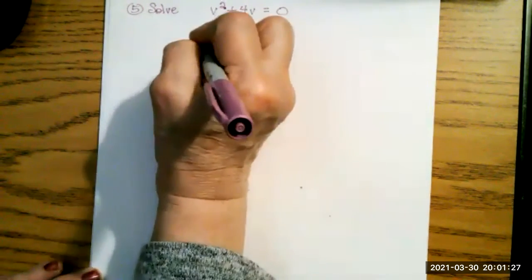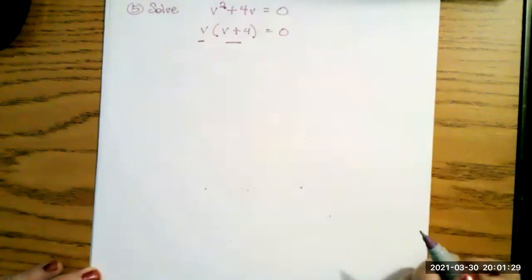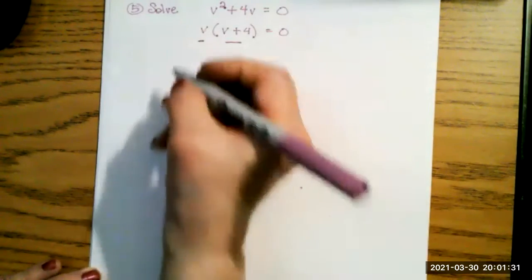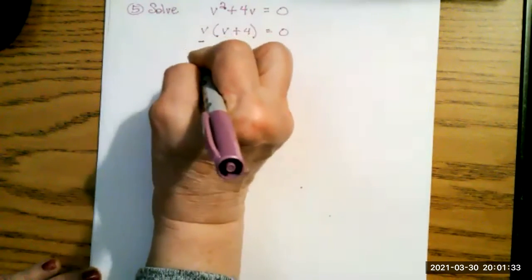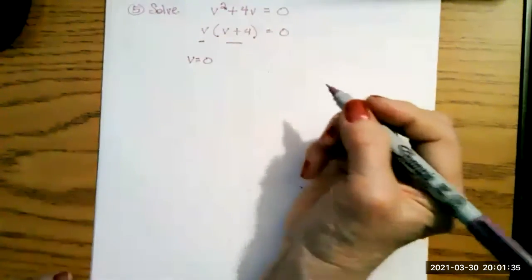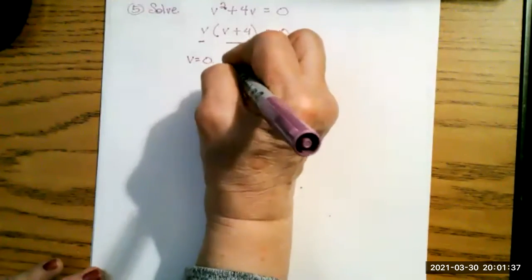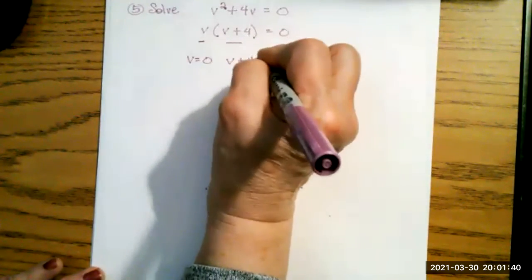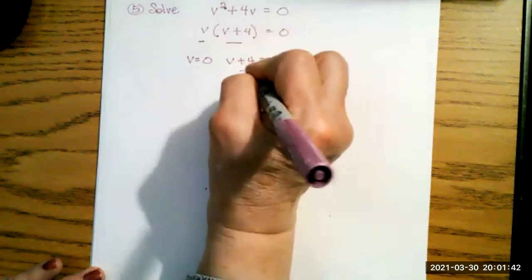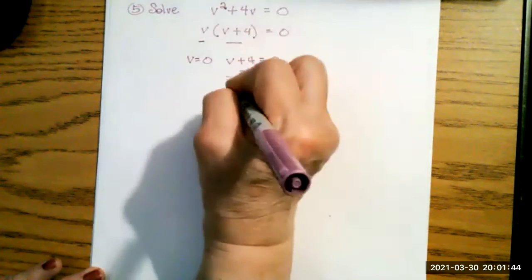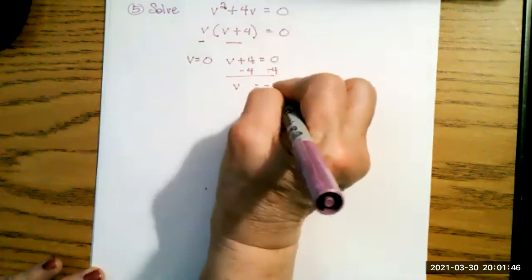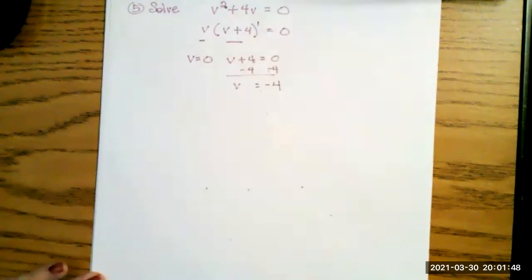Then we set each one of these little factors equal to 0. v equals 0 is 1, and notice that would be a multiplicity of 1 if we were thinking about that section. v plus 4 equals 0 gives us v equals negative 4, and it has a multiplicity of 1. Those are the zeros.